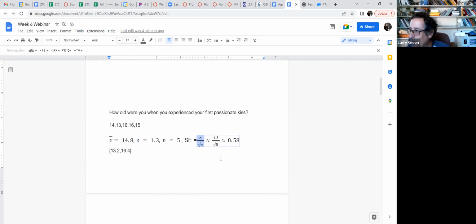And he named it after his class and called it the student's t-distribution. And we use letter T for it. It looks pretty similar to a normal distribution. It's a little wider out, but otherwise it's got that normal feel. Okay, it's just a little bit wider, kind of a lower peak in the middle.